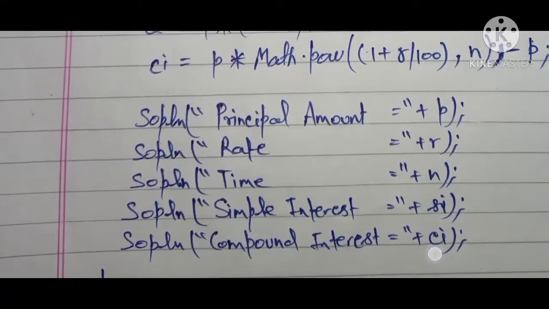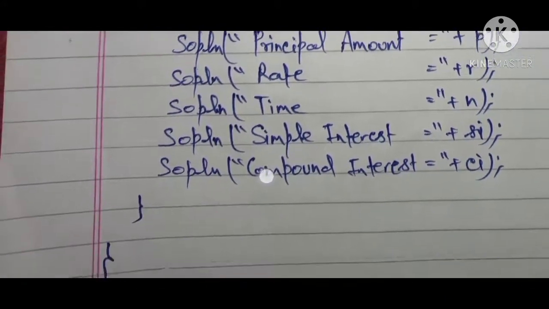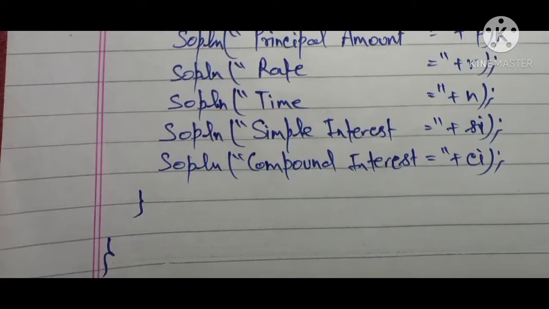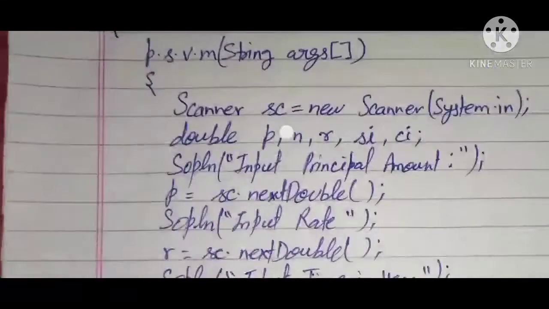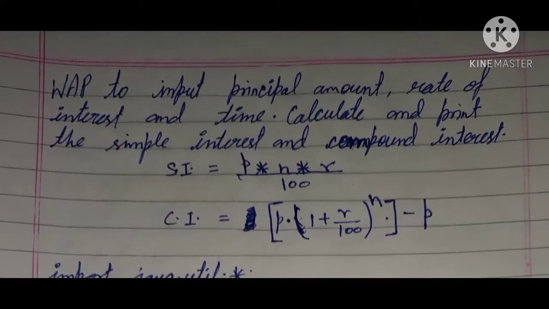But I suggest you use all the printing values like this that I have written here. And after printing just close this main and close this class. This is your program, simple interest.